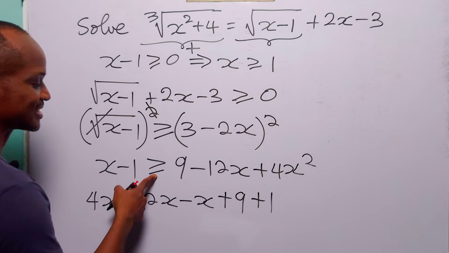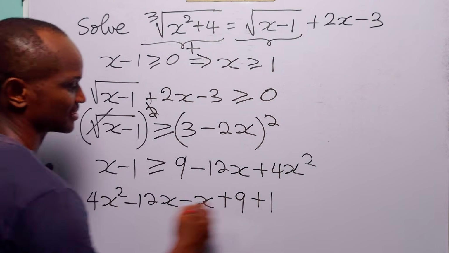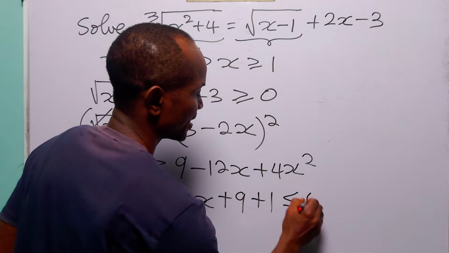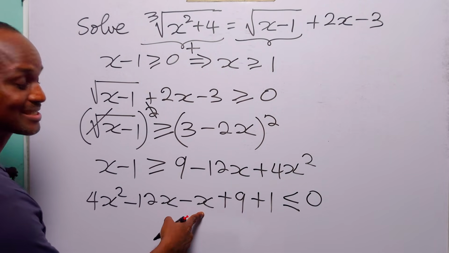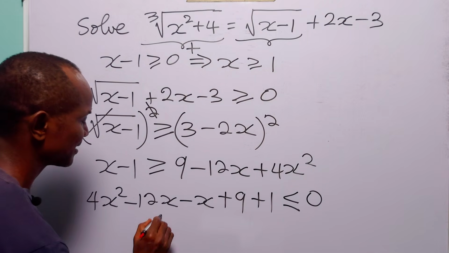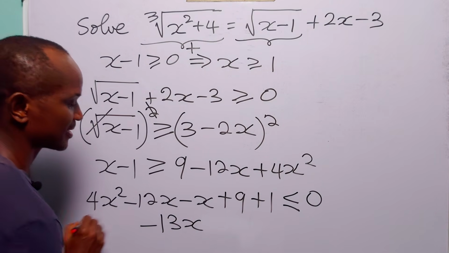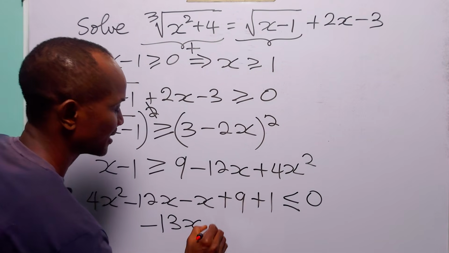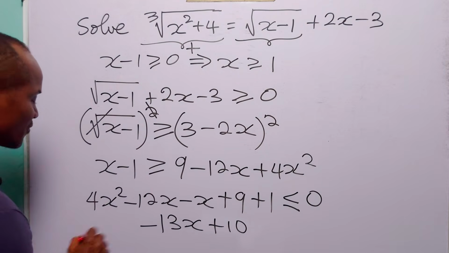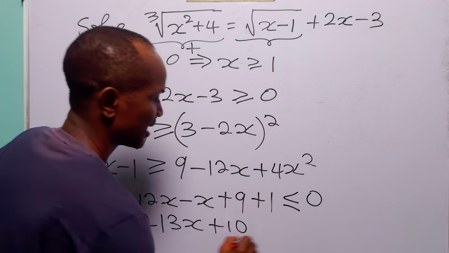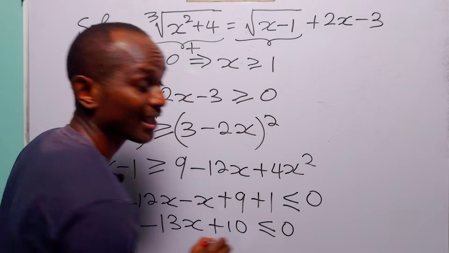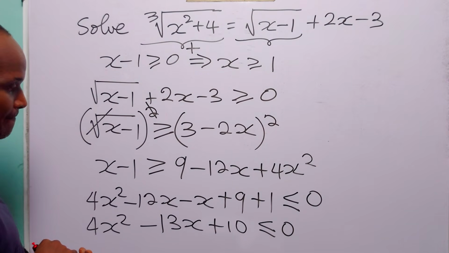And now this sign is going to reverse, so we have less than or equal to 0. Now, minus 12x minus x is minus 13x. And 9 plus 1 is 10. Of course, we still have 4x squared. And this is less than or equal to 0.